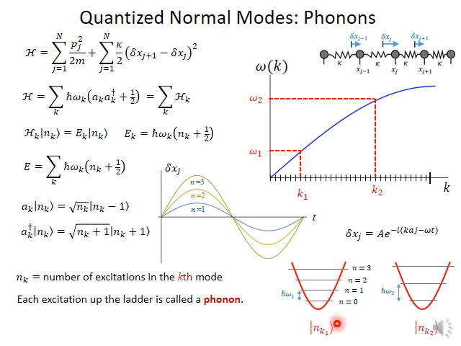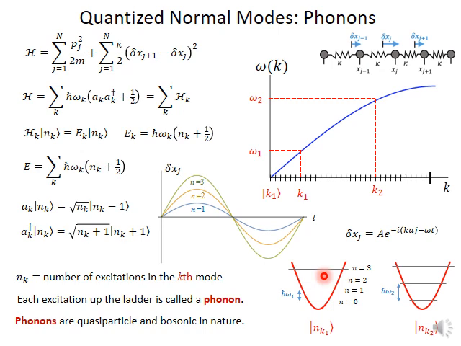And if n equals 3 for k1, it would mean that k1 has three phonons in the system. So k1 is one particular state of the system, and that state can be occupied by different numbers of phonons.